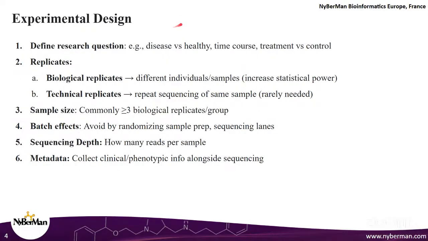It could be either a disease condition versus a healthy condition. Say for example, today I want to compare the transcript signature of a diseased individual, say an individual suffering from lung cancer, versus an individual who is completely healthy, who is devoid of lung cancer, right?